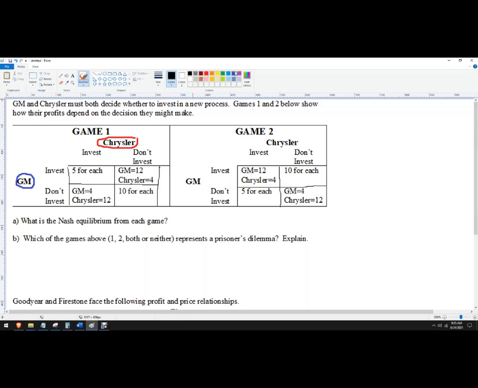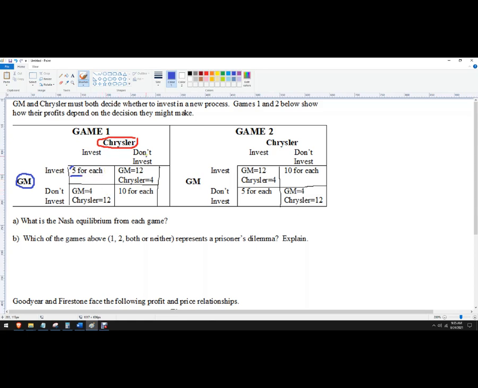Okay, so let's do GM's first. Let's say that Chrysler invests. What would be better for GM? Would it be to invest and get 5, or don't invest and get 4? Well, it'd be better to invest and get 5. So I'm going to underline it because I don't have another option for the other company there.